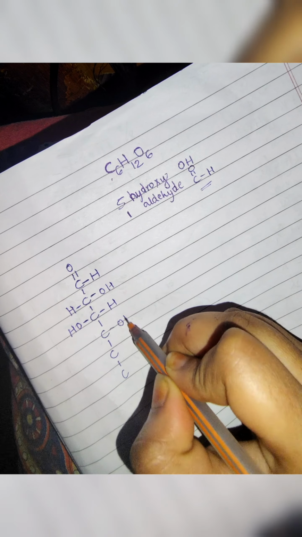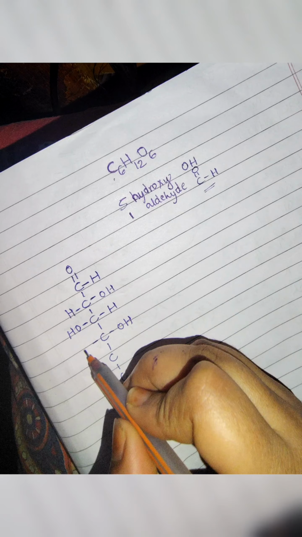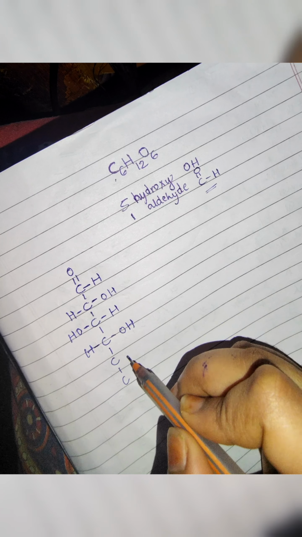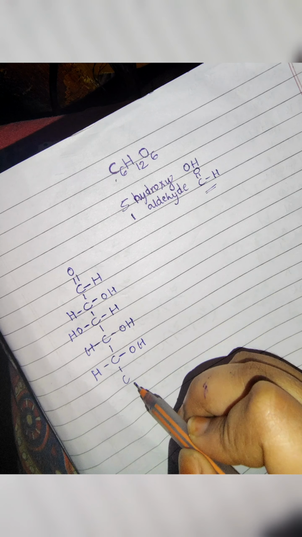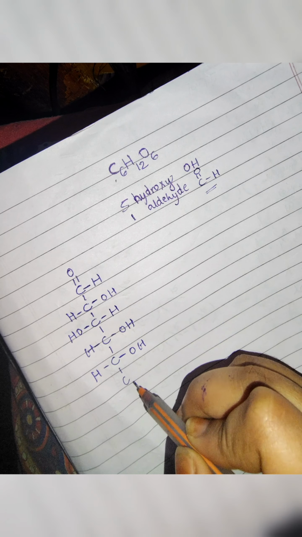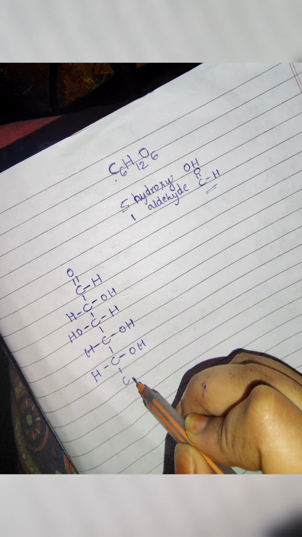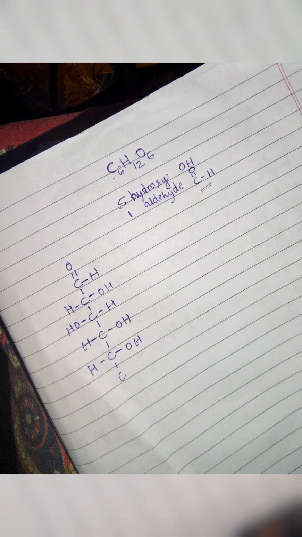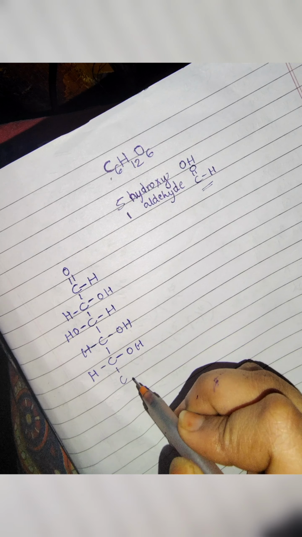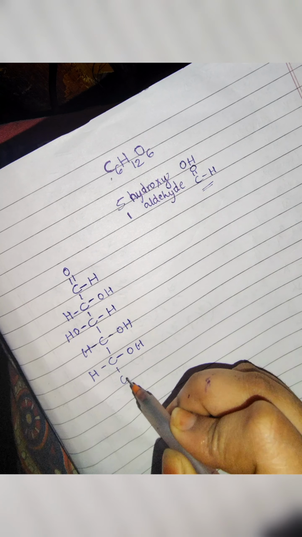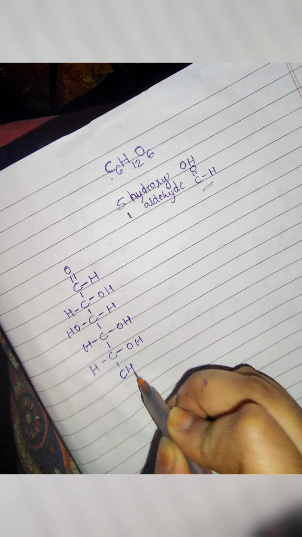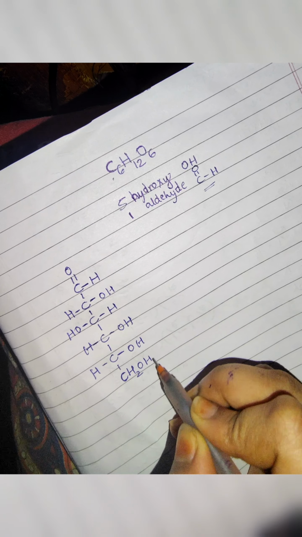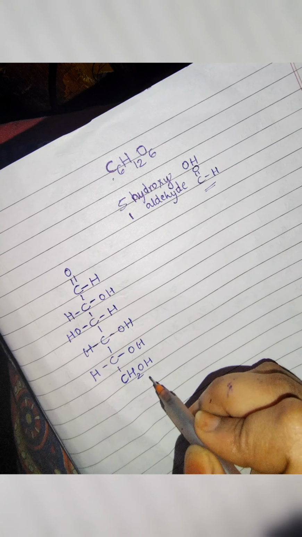In the fourth carbon atom, OH on the right side, hydrogen on the left side, and the fifth, OH on the right side, hydrogen on the left side. The last carbon we don't care about writing on the right or left side. Usually we will write it as CH2OH.